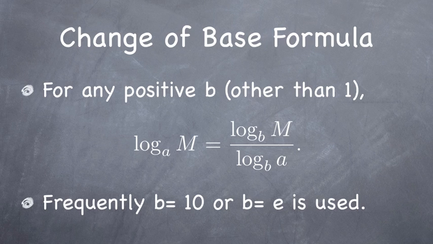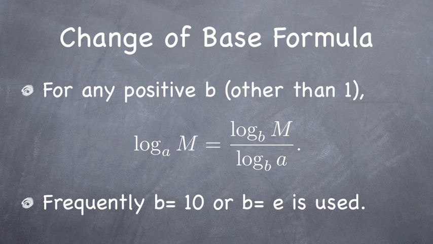So if we are given a logarithm of the form log base a of m, so a is the base of the log, m is what we're taking the logarithm of. If we can't solve that, or if for whatever reason we just don't like working with base a logarithms, pick any base that you do want to deal with. So any b whatsoever, as long as it makes sense.